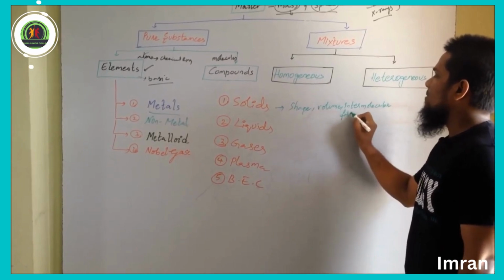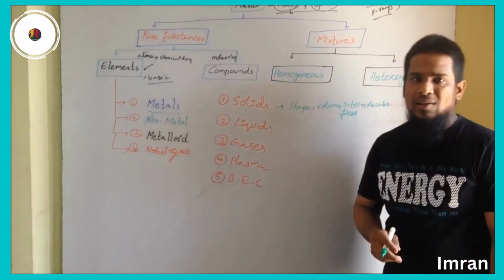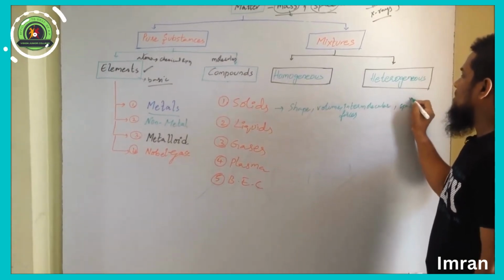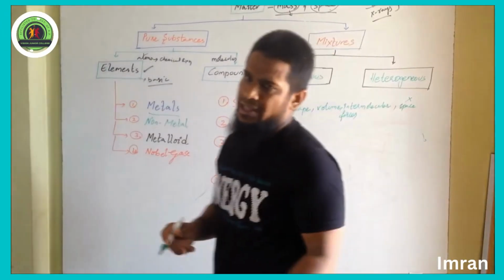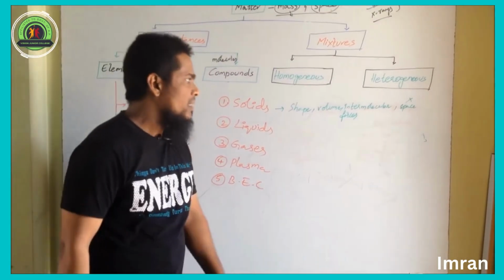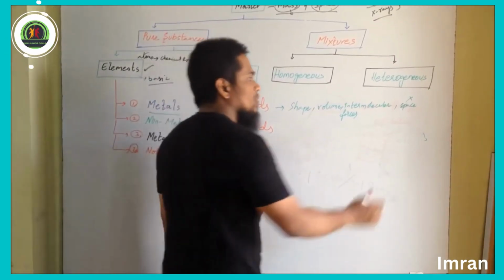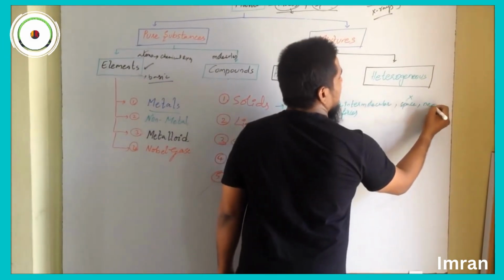They have strong intermolecular forces of attraction and less space. Intermolecular space is very less, or you can say there is no space between molecule and molecule in the case of solids. And you don't need a container.